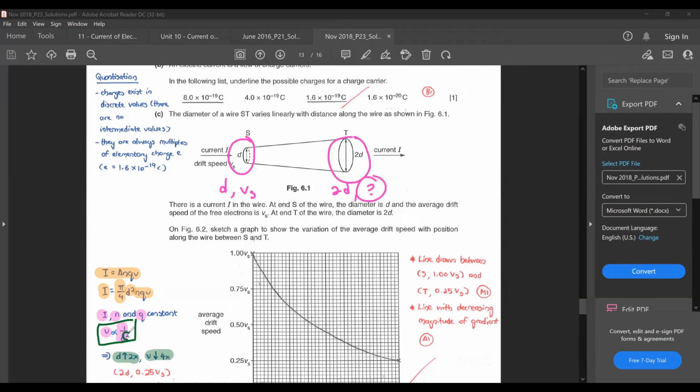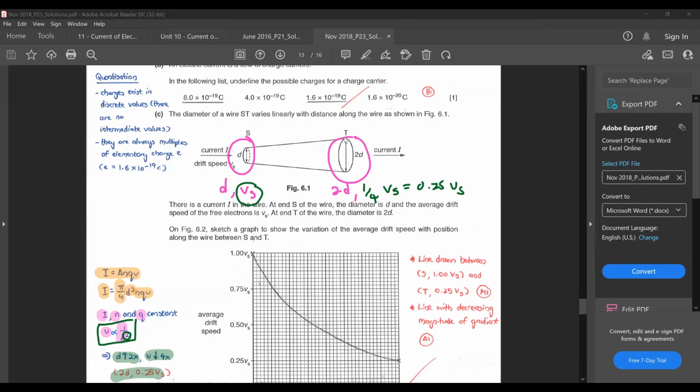Because you have a squared term here. By right, it should reduce by 2 if there's no square, but because it's squared, it will reduce by 4 times instead. You square the 2 to get the 4. So at 2D, you're going to have a quarter of your original drift speed. So it's quarter Vs, giving you 0.25 Vs.